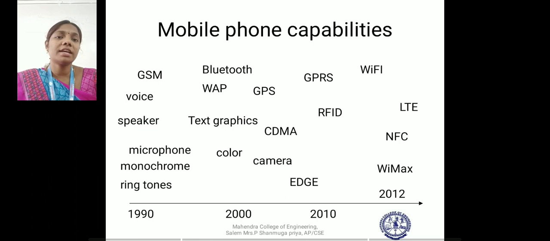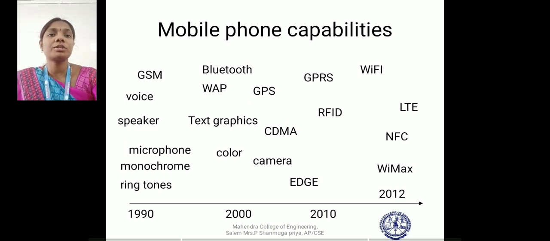As I have said, the evolution of mobile phones has been from, you can see here, GSM, and then we have voice, speaker, microphone, monochrome, ringtones, and then we evolved to Bluetooth, wireless access protocols, and then text graphics, color, camera, EDGE technique, CDMA, GPS, GPRS, RFID, Wi-Fi, LTE, NFC, WiMAX.